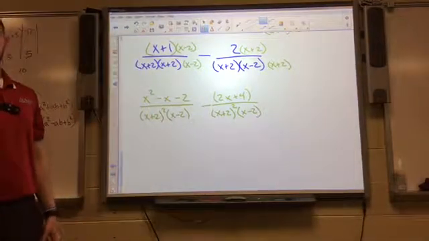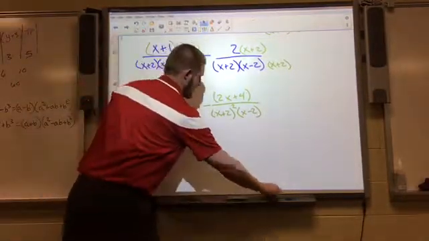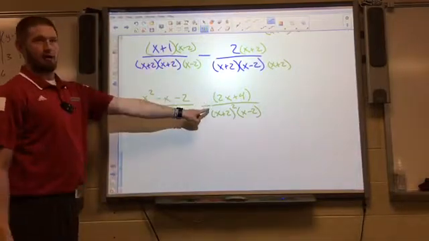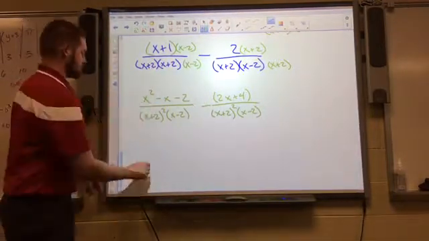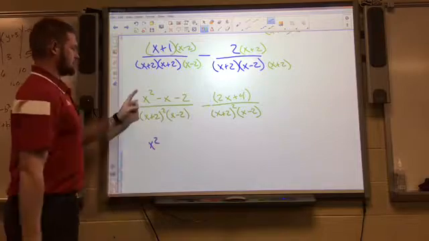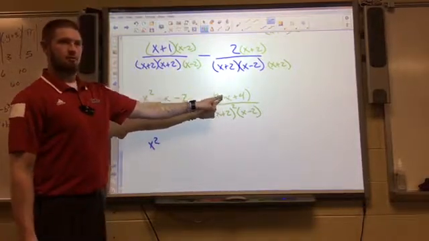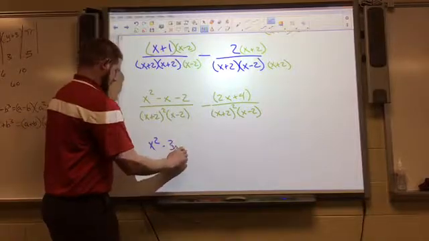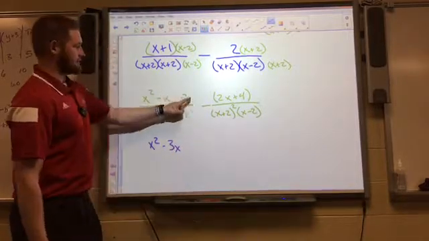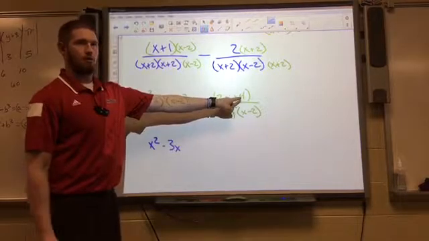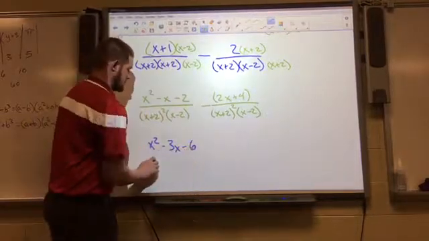And this is where you have to be careful and where it catches people. I'm subtracting. So it's x squared, because there's no x squareds, but then it's negative x minus 2x, so minus 3x, and then it's negative 2 minus 4, minus 6.